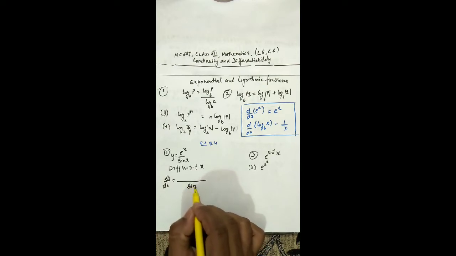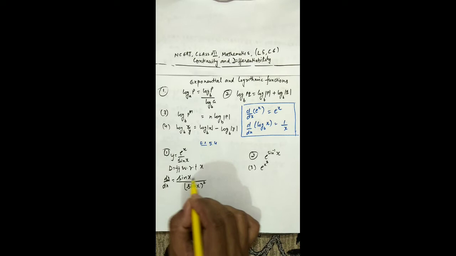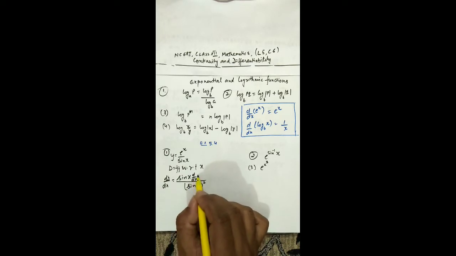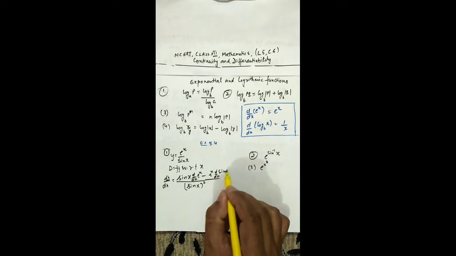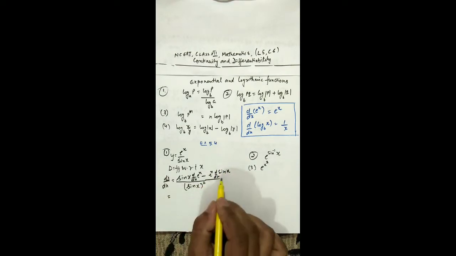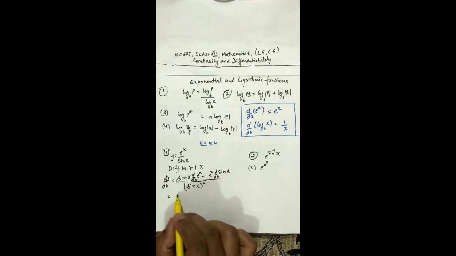This is sin x whole square, sin x as it is, and dy by dx of e^x minus e^x times dy by dx of sin x. You can apply this formula, or you can write the answer directly also.